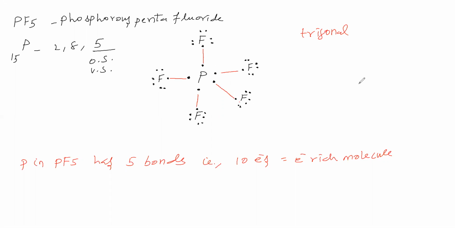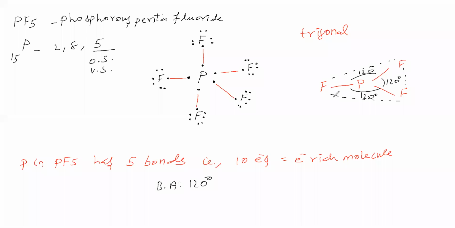When we join these 3 fluorine atoms we get an equilateral triangle, so the bond angle is 120 degrees. So in PF5 the angle possible is 120 degrees.